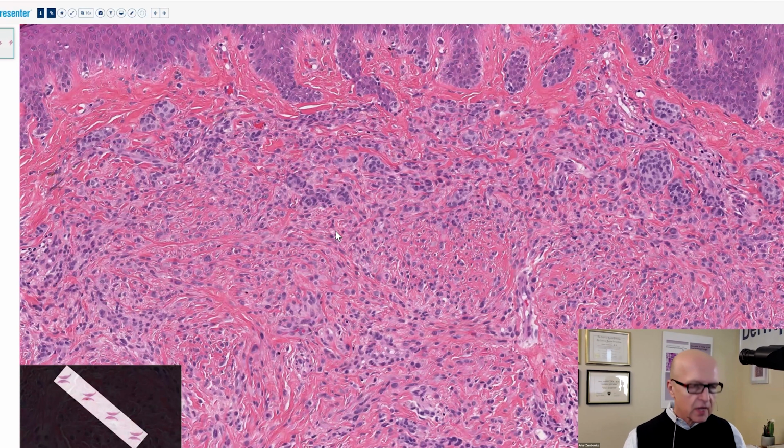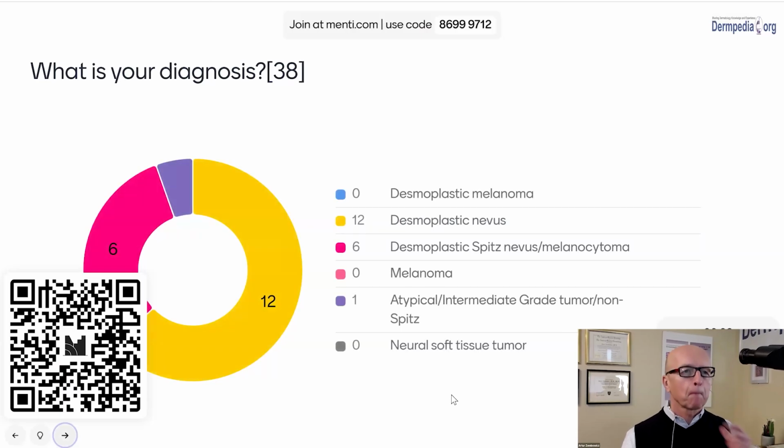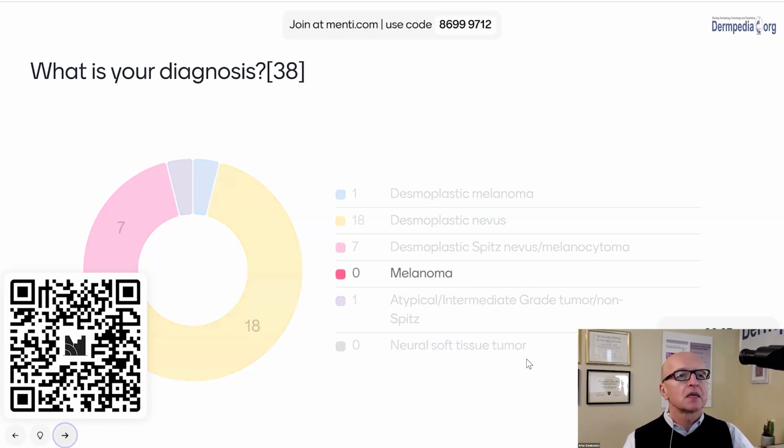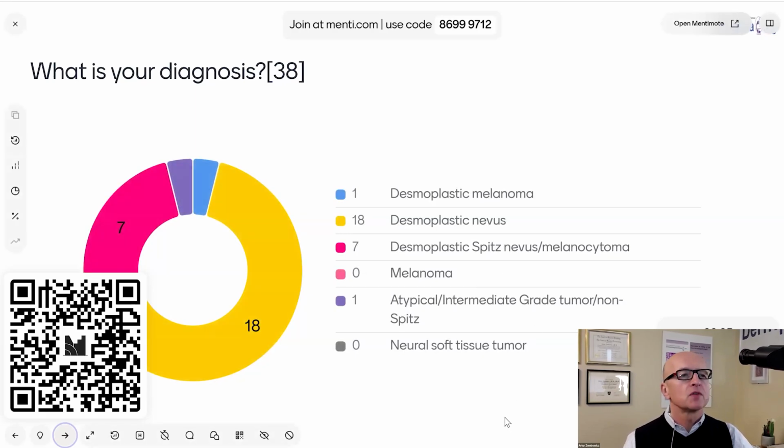I'll give you 10 more seconds. So it looks like desmoplastic nevus got a lot of votes, and also desmoplastic Spitz nevus got some votes. I think these are the leading diagnoses at this point.